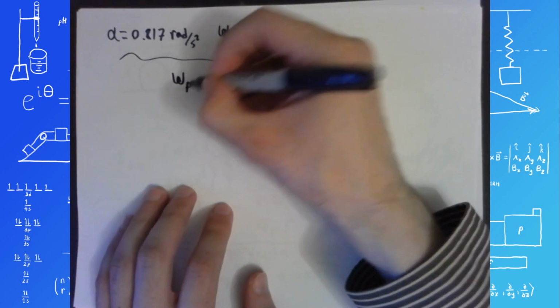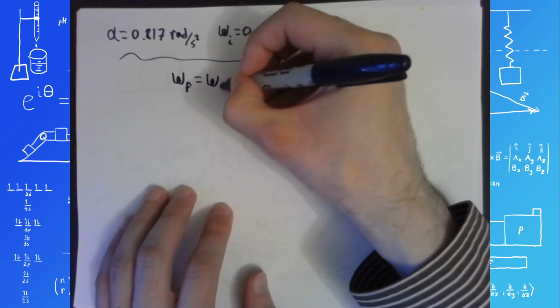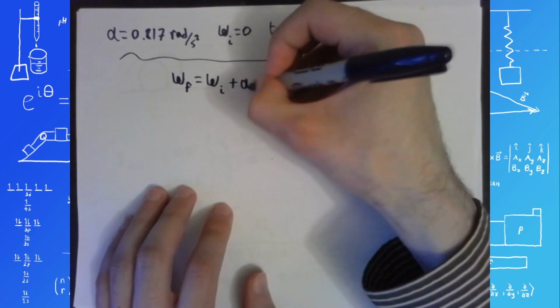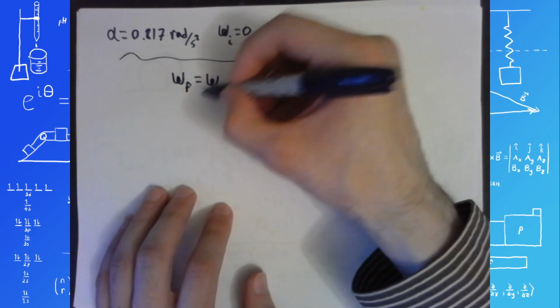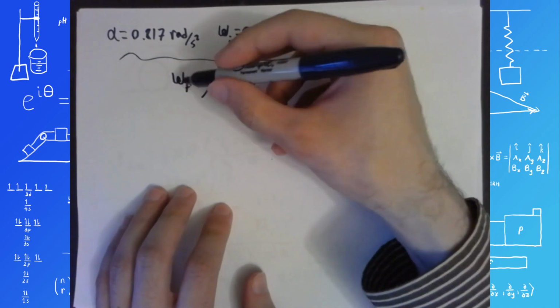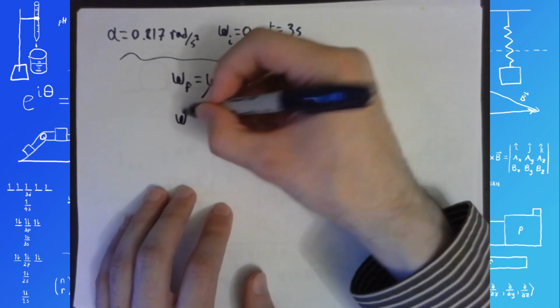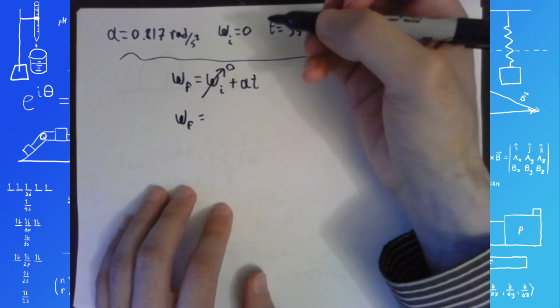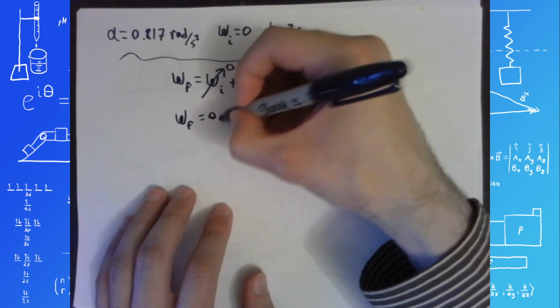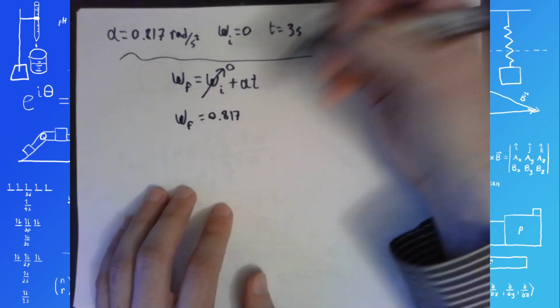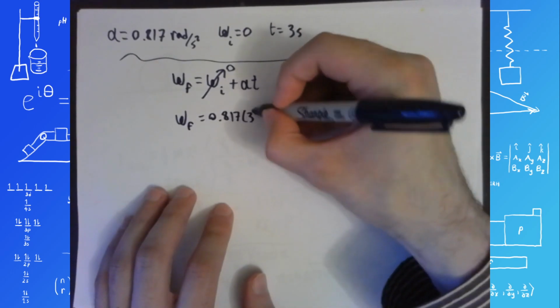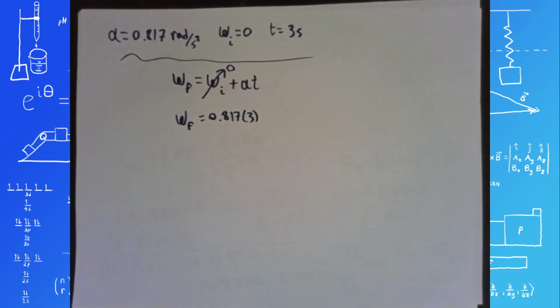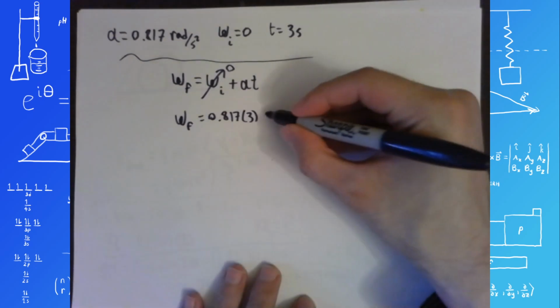Omega final equals omega initial plus alpha times t. So that's a 0. Omega final is what we're trying to solve for, and 0.817 times 3 is all there is to it. 0.817 times 3, 2.451. I'm just going to round it to 2.45.